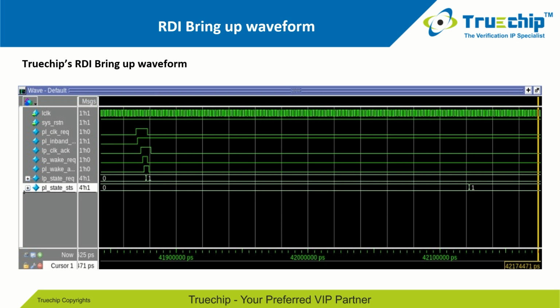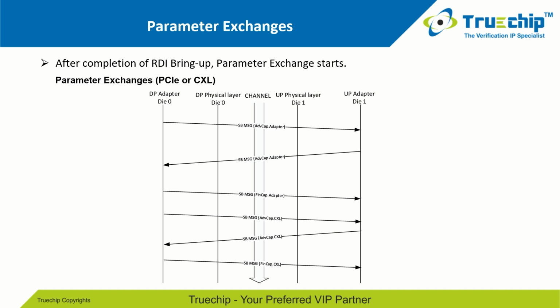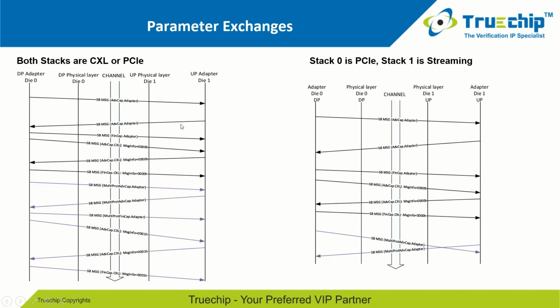After the completion of RDI bring up, the parameter exchange starts. This parameter exchange is for PCIe or CXL, where both adapter layers exchange their capabilities. This is the parameter exchange for the multi-stack. This parameter negotiation is for where both stacks are CXL or both stacks are PCIe. Here stack 0 is PCIe and stack 1 is streaming, and the parameter negotiation will happen in this form.